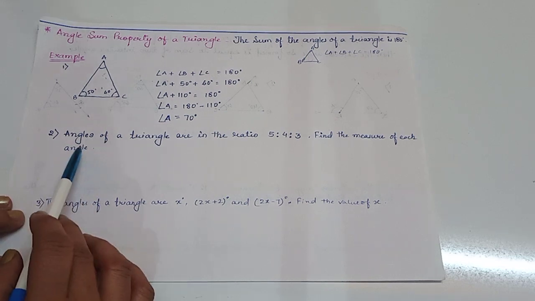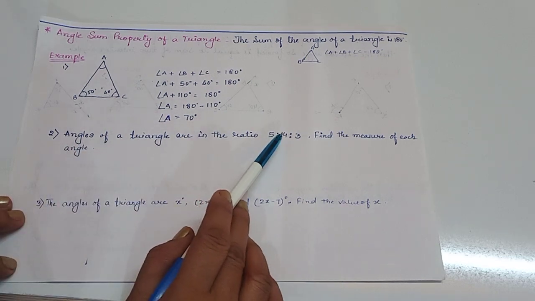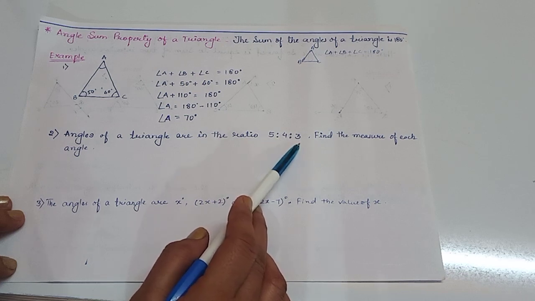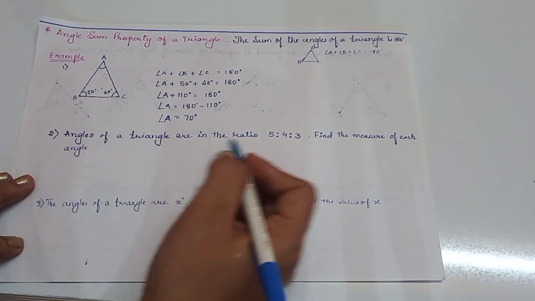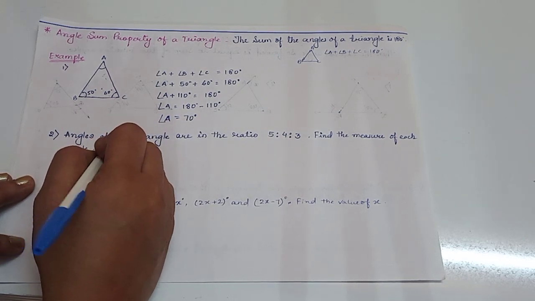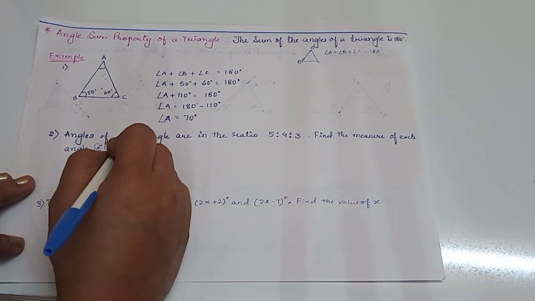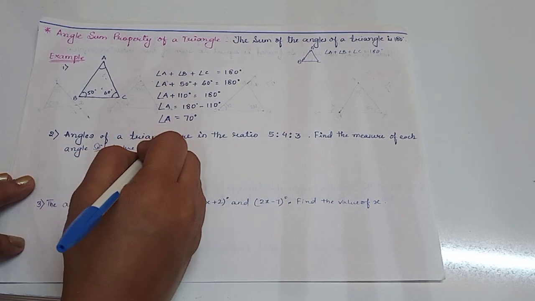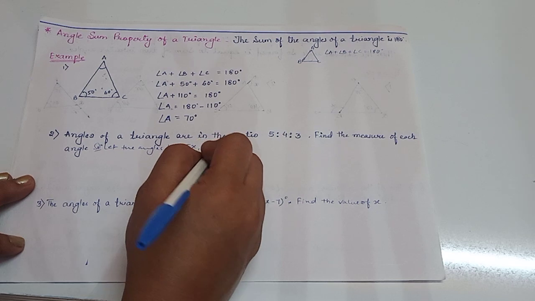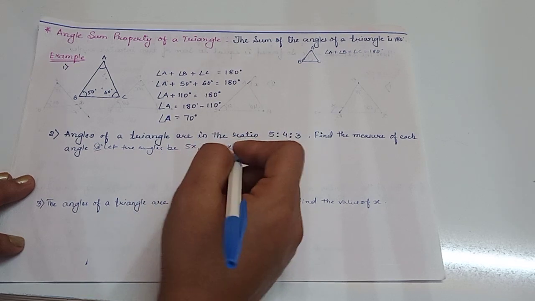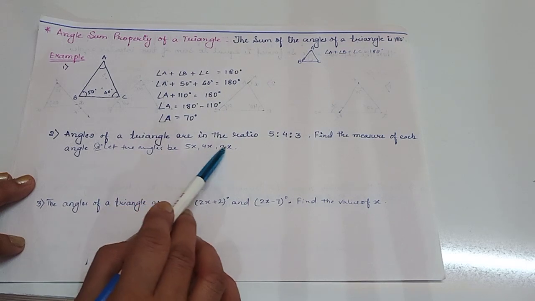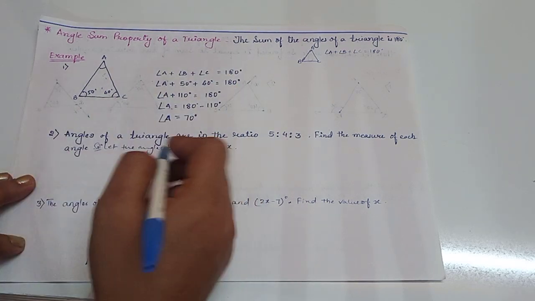Now here I have taken another example when the angles are given in ratio form, like 5:4:3. In that case, I will simply take these ratio terms in the form of, let the angles be 5x, 4x and 3x. Now according to the angle sum property, we know that the sum of all these three angles should be equal to 180 degrees.